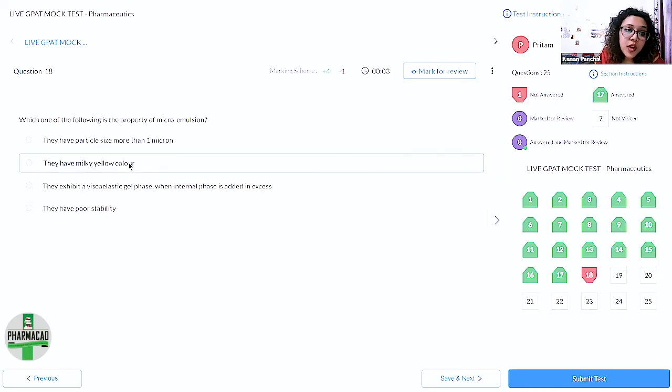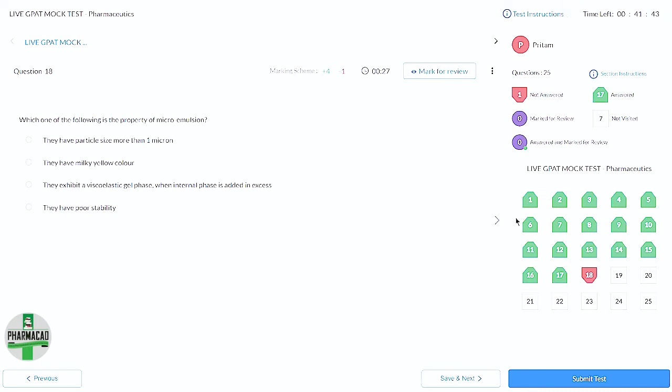Okay, which one of the following is the property of microemulsion? Matlab, which is true for microemulsion? Raise your hand and answer. Yashvi, are you going to answer? No, ma'am. For this one, ma'am, option C. Okay.